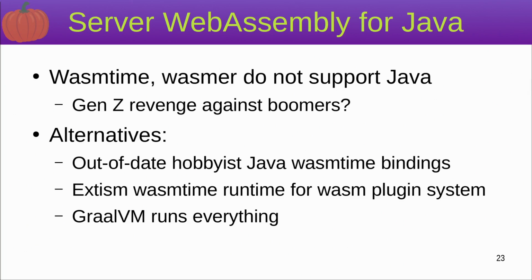They never really justify why they don't support Java, except that they don't. But fortunately, there are various alternatives available. So there are people who have made their own hobby Java bindings for Wasmtime. And then also there's GraalVM, which supports all sorts of languages, and they threw in WebAssembly support more recently as well.